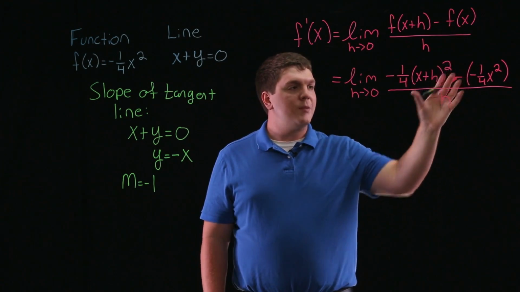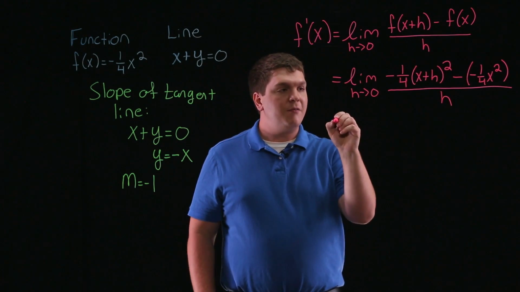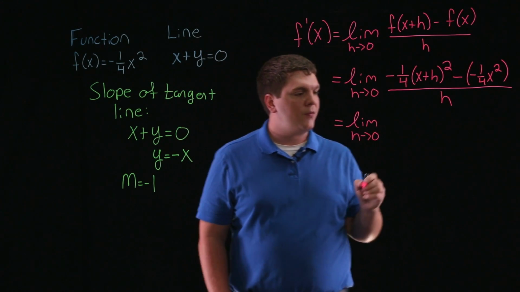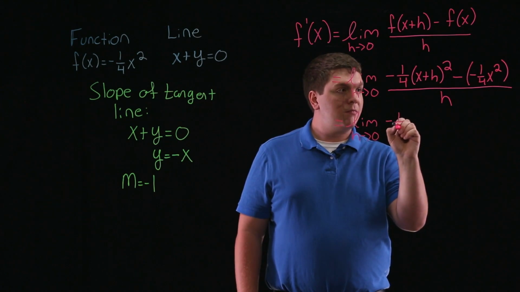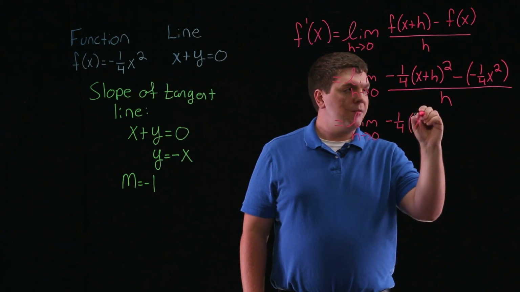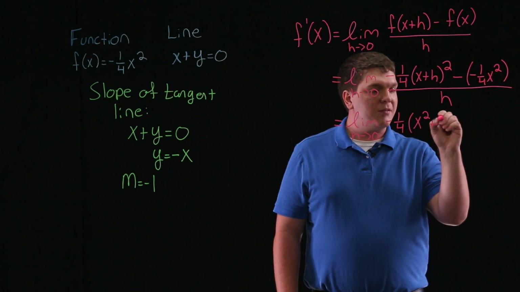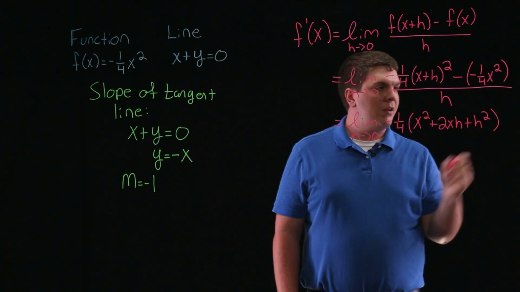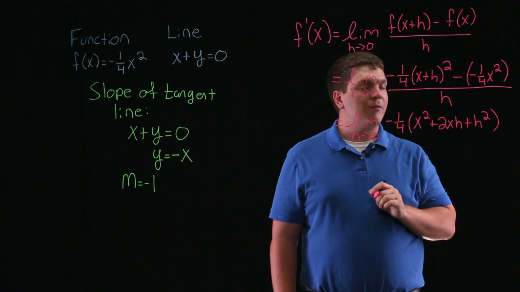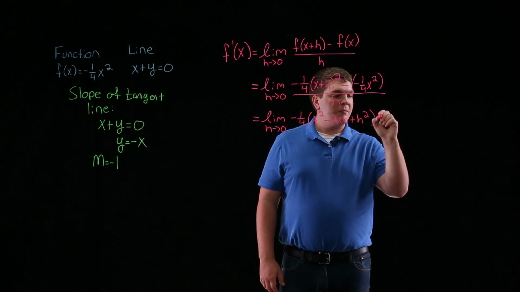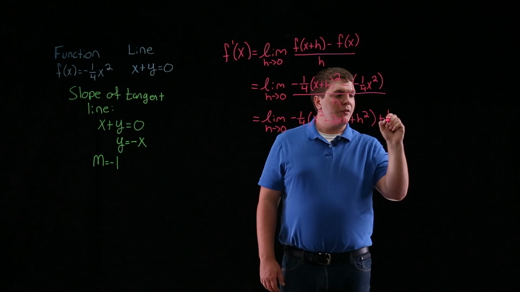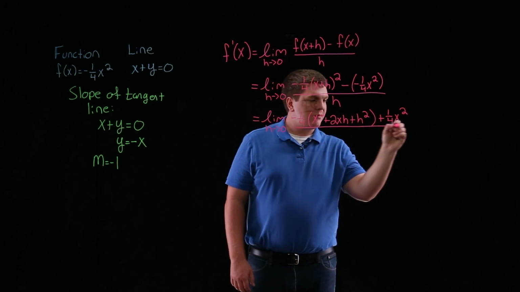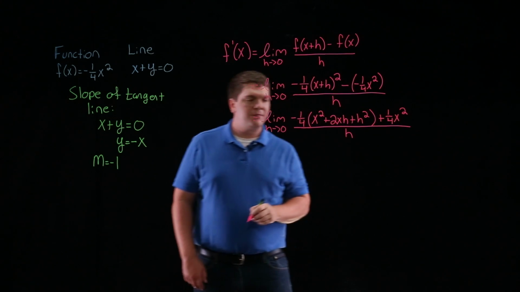Now here, we can simplify the expression that we're taking the limit of. This leaves us with the limit as h approaches 0 of negative 1/4 times x squared plus 2xh plus h squared. And here we're subtracting a negative 1/4 x squared, so this is the same as adding a 1/4 x squared. And we're dividing all of this by h.